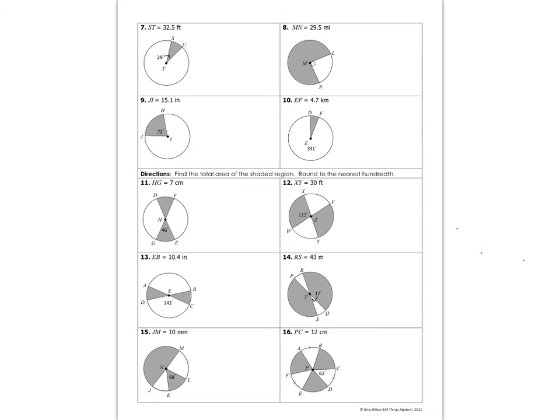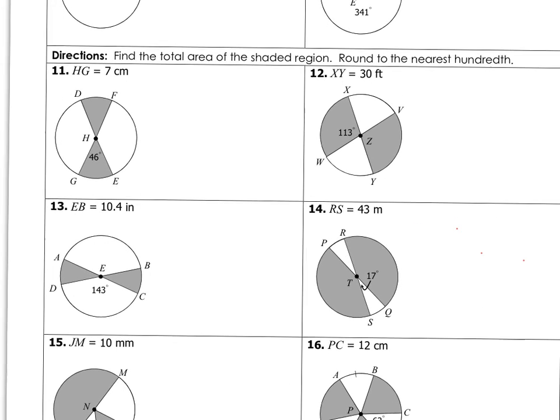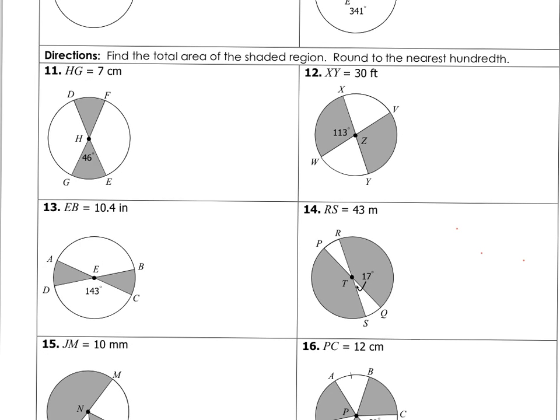Let's do number 14 on this one. This section is really easy, so I won't do a lot of demos. For number 13, I don't have the radius, but RS is the diameter of 43, so the radius is simply 43 over 2. Then I know this angle is 17, and this is vertical, so PTR has to be 17.